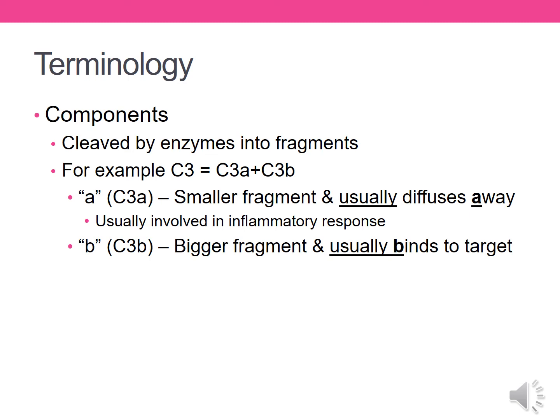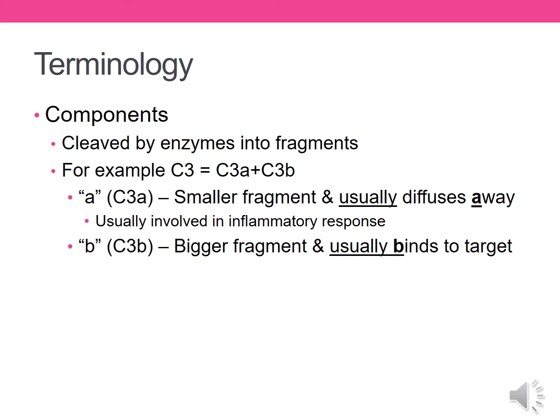For instance, C3a is typically the smaller fragment, and it usually diffuses away from the target we're trying to destroy. C3b is the bigger fragment and usually binds to the target cell we're looking at destroying. This is usually the case: C3a diffuses away, and C3b binds to the target.